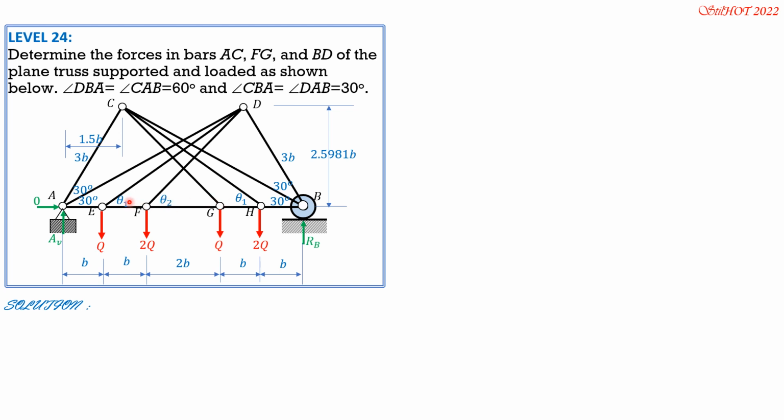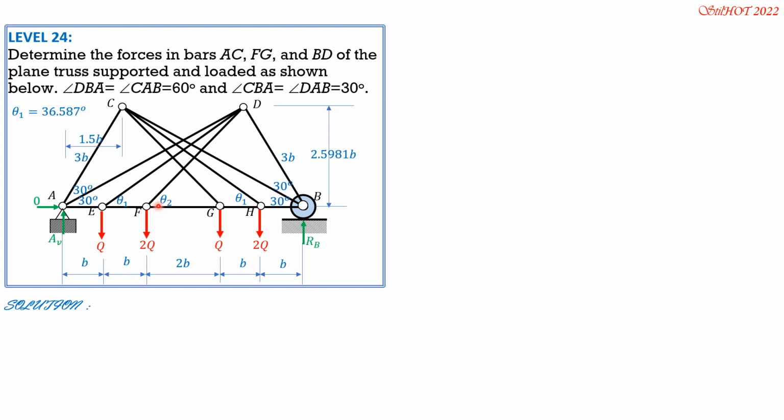So tangent of theta 1 is 2.5981b over this distance, which is 5b minus 1.5b, 3.5b. So tangent theta 1 is 2.5981b over 3.5b, cancel b. So theta 1 is 36.587 degrees. Again, theta 1 is arctan of 2.5981 over 3.5.